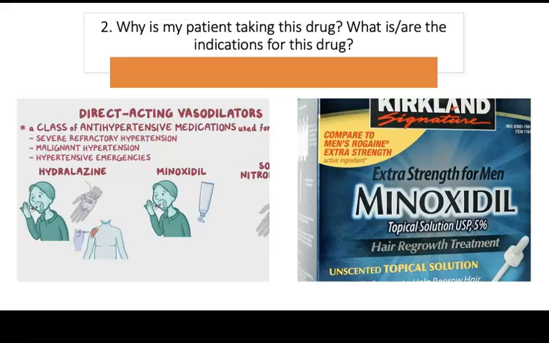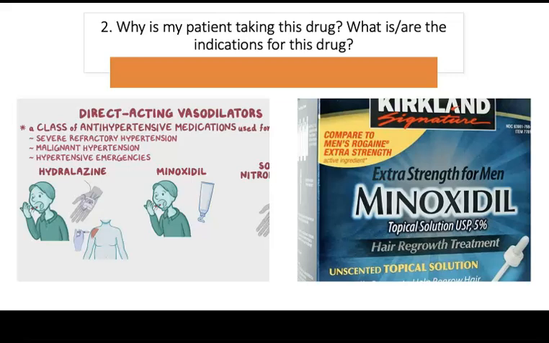As this drug was used, people began to notice that once they were taking this medication, it stimulated hair growth. So minoxidil has another indication for hair regrowth treatment, for treating alopecia, particularly effective for individuals who are male and are already bald, or to prevent their condition from worsening.